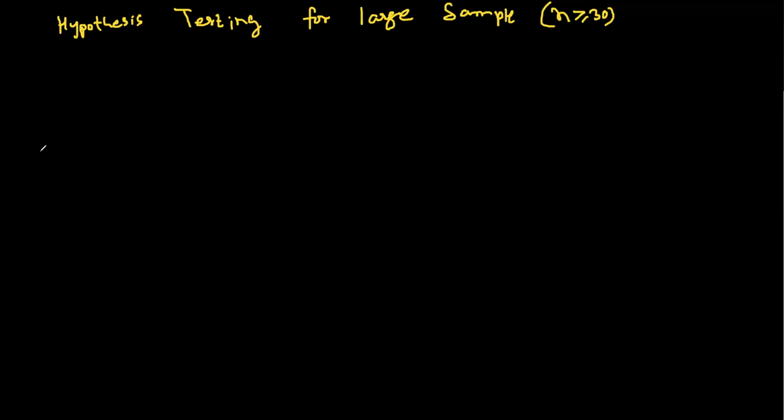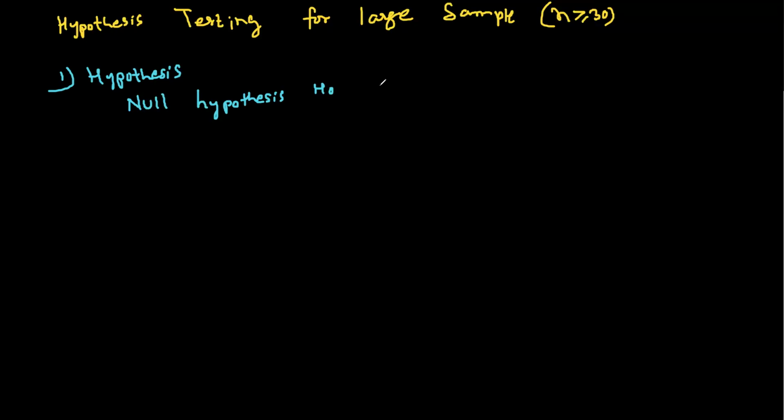So the first step is hypothesis. There are two types of hypothesis. One is null hypothesis, represented by H0.